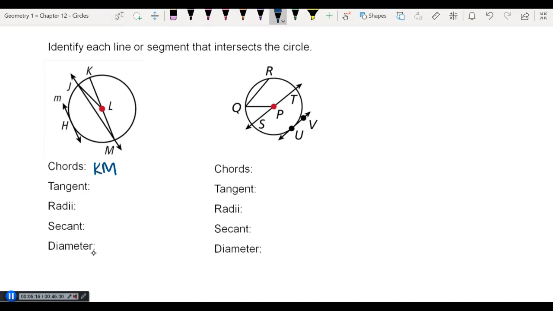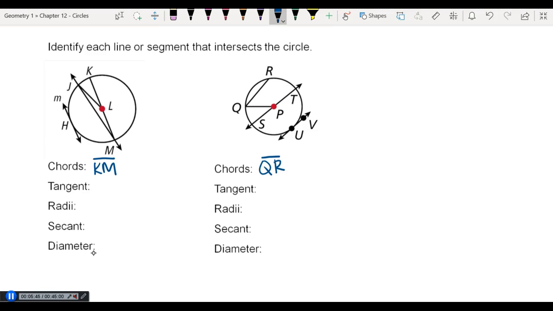When you label a chord, you have to put a segment on top, because that demonstrates that you understand it's stopped. So KM with a segment over it is a chord in the first one. What's the chord in the second one? QR. QR with a segment over it is the chord in the second one.